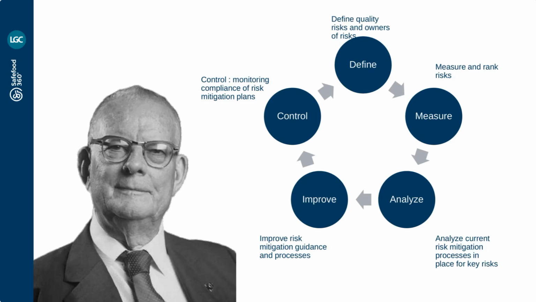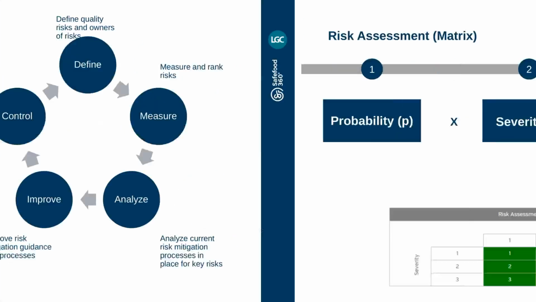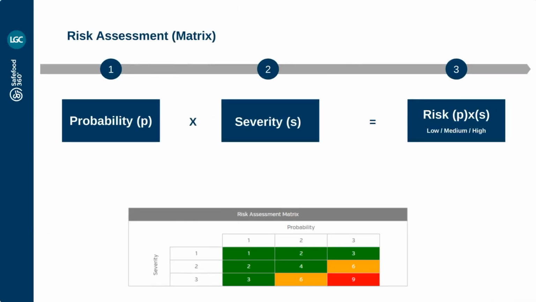Define the quality risks and then the owners of those risks. You want to measure and rank the risks, analyze current risk mitigation processes, impose the risk mitigation guidances or improve those risk mitigation processes, and then you want to control it. You need to monitor, with ongoing monitoring of those risk mitigation plans. We're going to go into looking at the risk assessments essentially here.